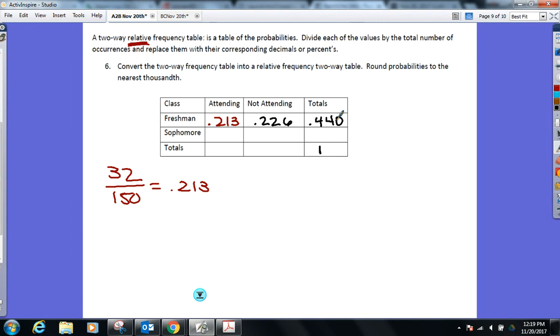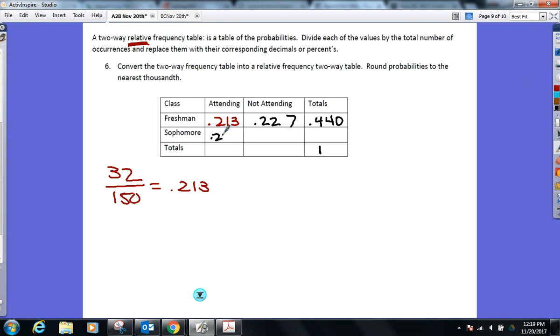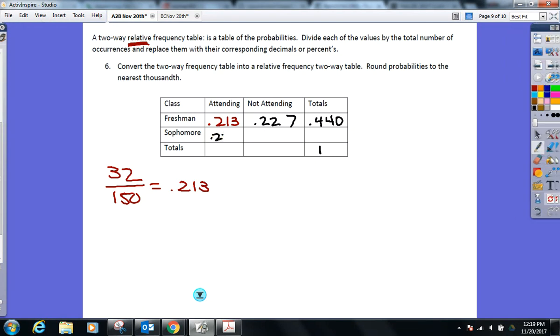Sophomore is attending. What is it? 0.306? And what do I have here? 0.227? 0.307.